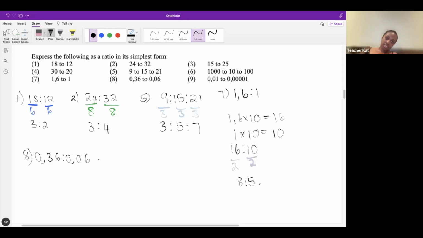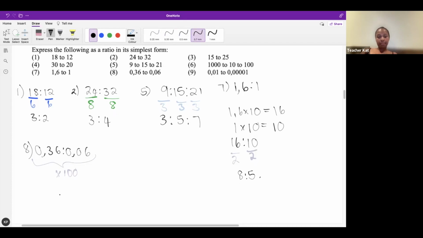Is timesing by 10 going to solve my problem here? By times by 10, no. So what do I have to times by? Nice, Tlali, 100, okay? So 0,36, if I times them both by 100, what's 0,36 going to be? 36 to what?